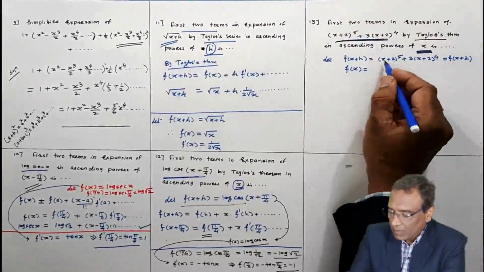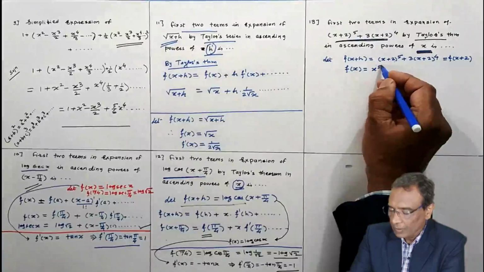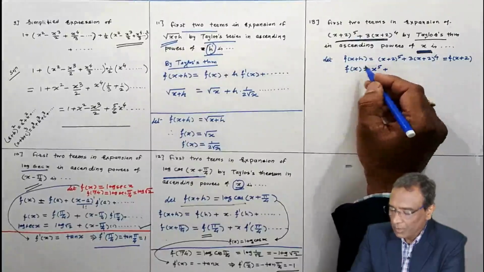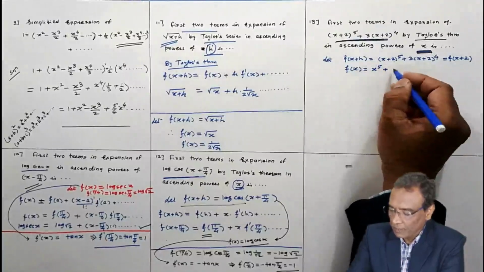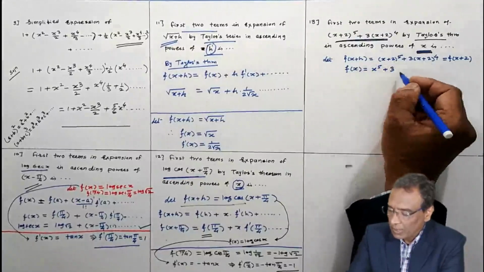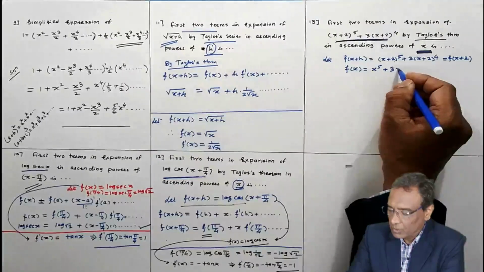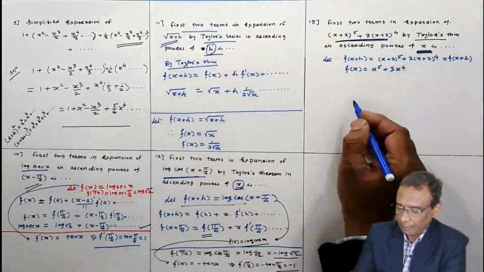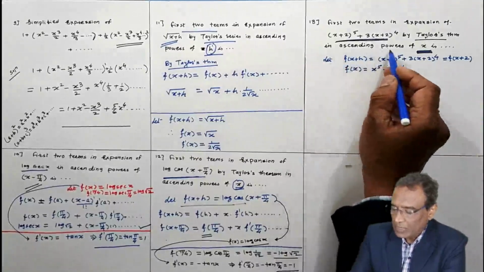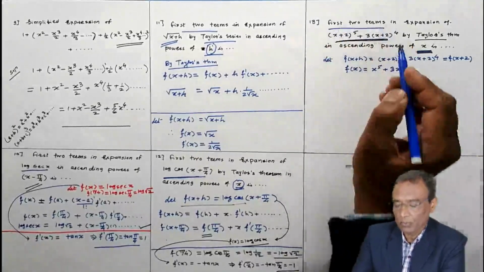Then f of x will be what? x raised to 5, replace x plus 2 by x only, plus 3x to the power 4. Okay. Now we are expanding in ascending powers of x, and first two terms I want.